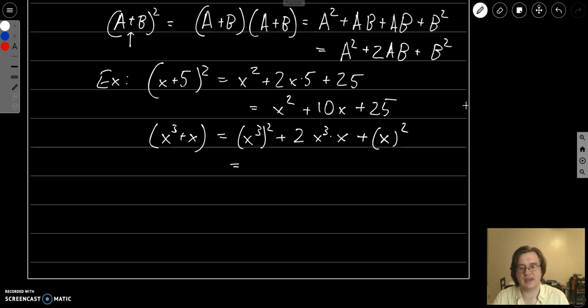So again, simplifying, x cubed squared is x to the 6th power. 2 times x cubed times x is 2x to the 4th power, and x squared is just x squared. So having this handy formula memorized will be useful, but certainly not necessary. We could just do all of this by distributing lots.